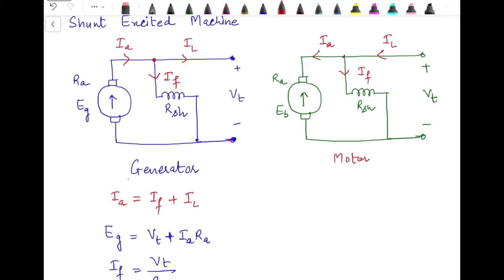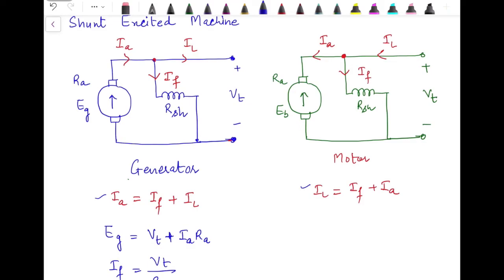Now if we apply KCL over here, then IL is equal to IF plus IA. This difference must be understood: the direction of line current and armature current are opposite in the motor and generator.